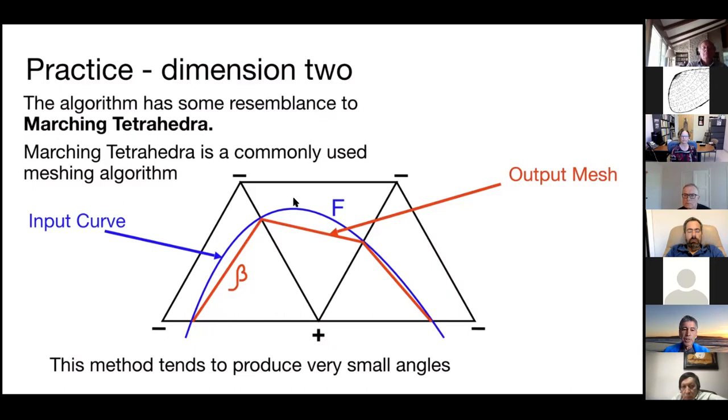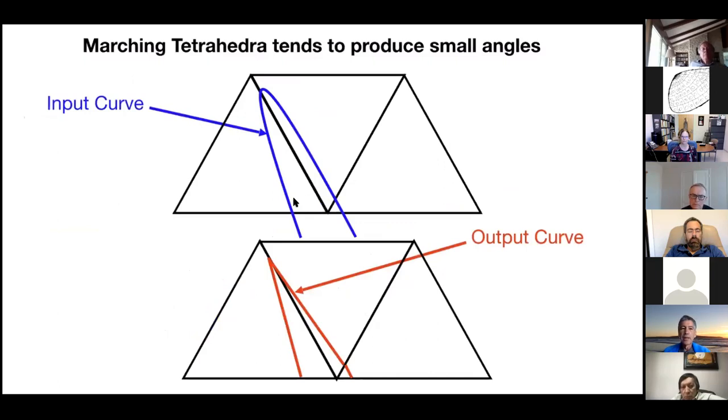which was discovered, I think, in the 70s, and has 20,000 citations in marching cubes and marching tetrahedra. These two methods are extremely highly cited methods and widely used in computer graphics. And the drawback of them is that they tend to produce very small angles. So you can sort of see that here. Even in 1D, it produces very sharp bends in the curve.